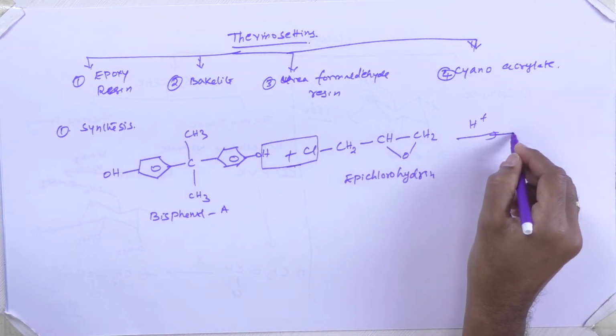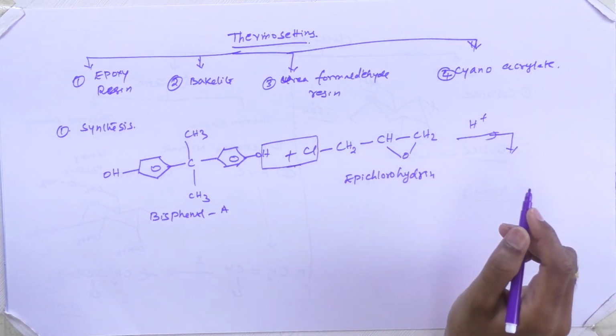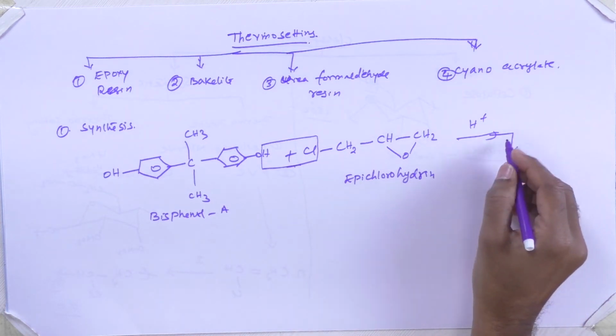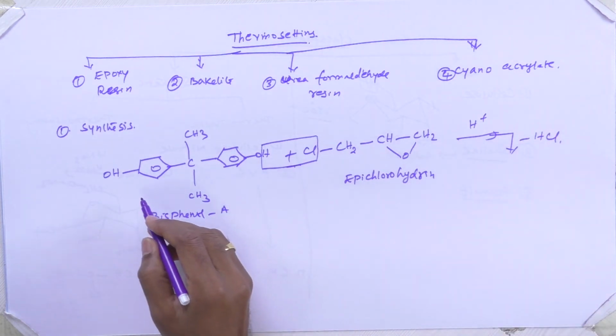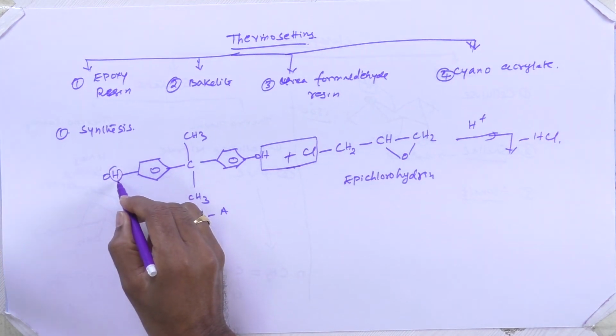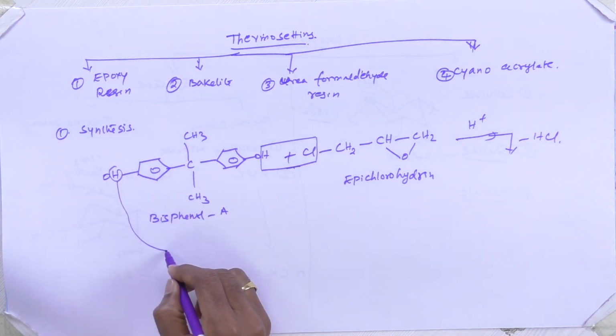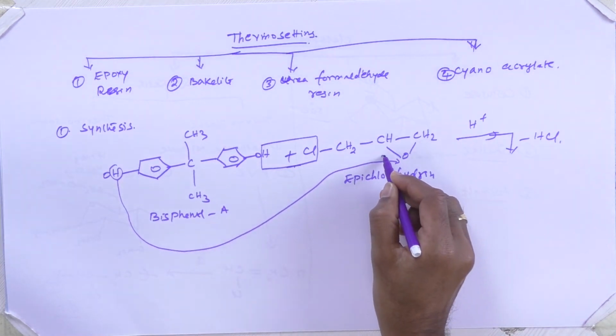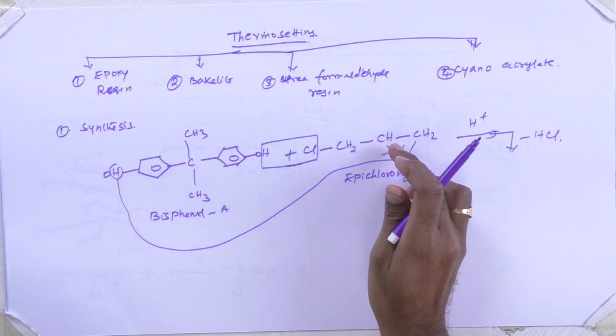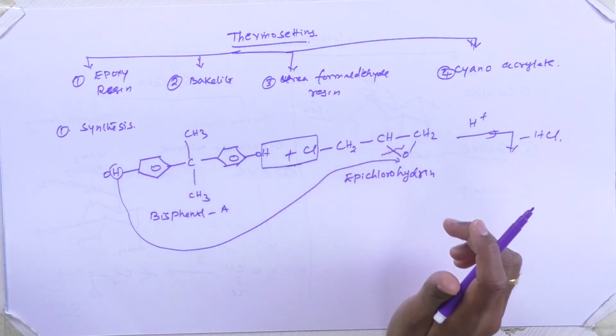It's a condensation reaction, so it involves the replacement of 1 mole of hydrochloric acid, and also a simple molecular rearrangement. This hydrogen will come and attach with this oxygen, and ring opening will take place. Here the C and oxygen bond will be broken.